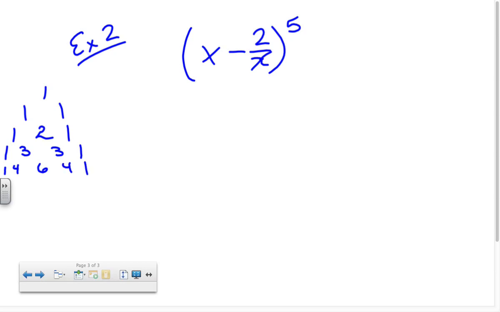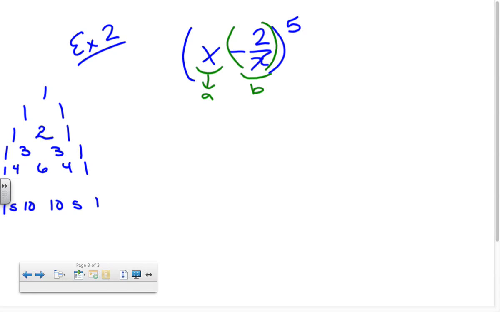Okay, and I had room, so we're going to go 1, 5, 10, 10, 5, 1. Okay. So let's look at our a is just x, and our b is negative 2 over x.